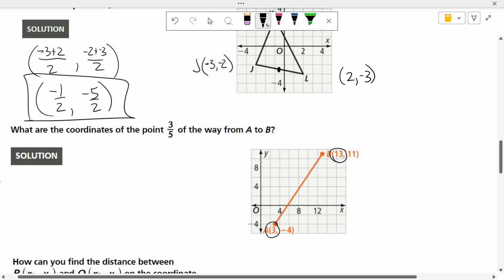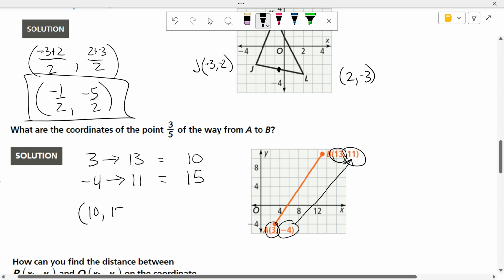How far is it from 3 to 13? It's 10 units long. Okay. How far is it from -4 up to 11? From -4 up to 11. How far is that? 15. Okay.